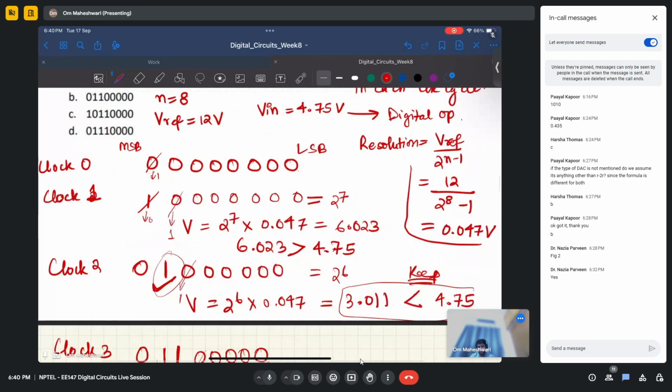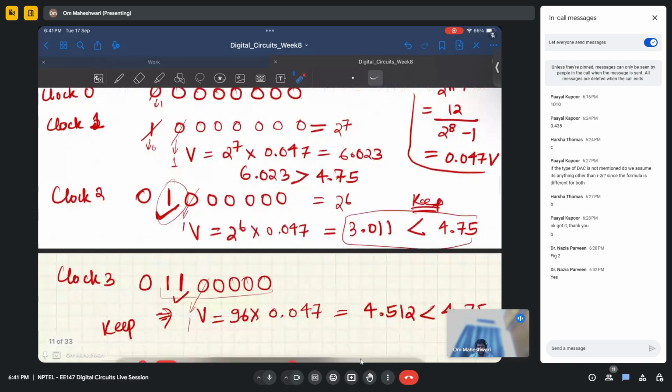In the starting, when we changed this to 1, we found that V is greater than V in. This is V in. This V was greater than V in, so we discarded it. We changed it back to 0, and we proceeded with the next bit.